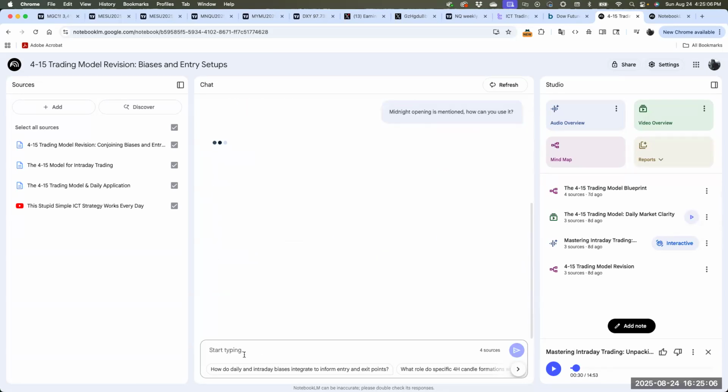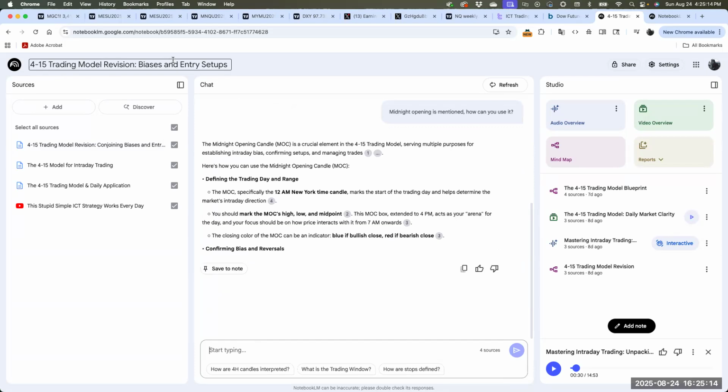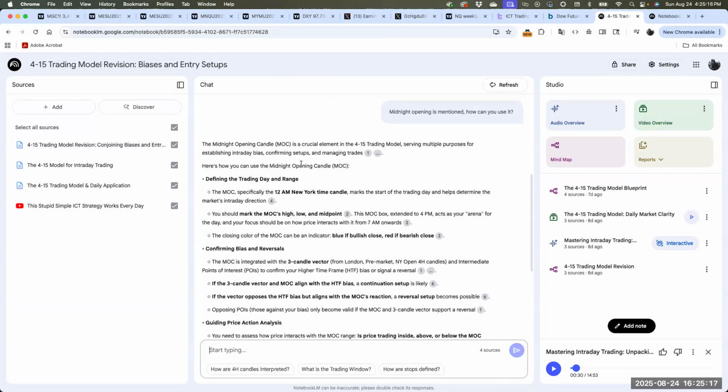I mentioned that when I was devising the 415 model revamp. The midnight opening candle range is a crucial element to the 415 strategy, serving multiple purposes: establishing intraday bias, confirming setups, and managing trades.